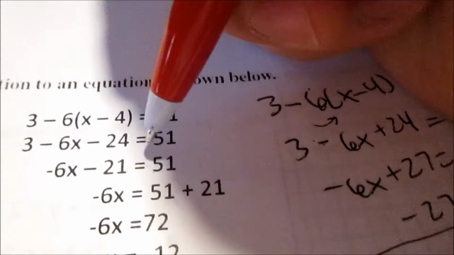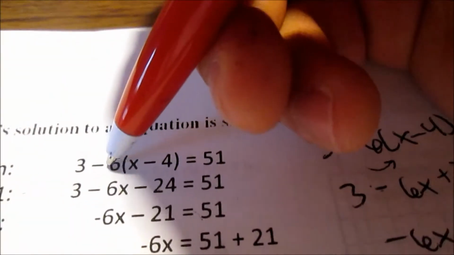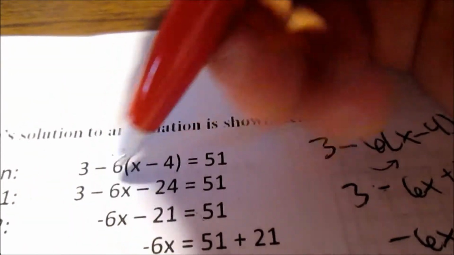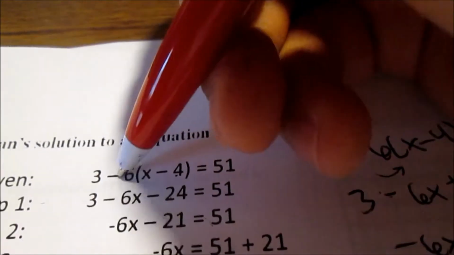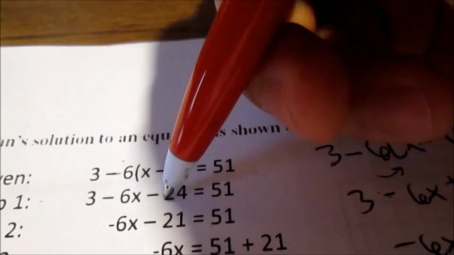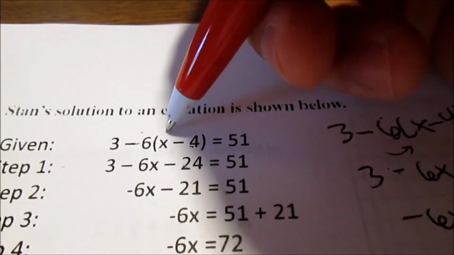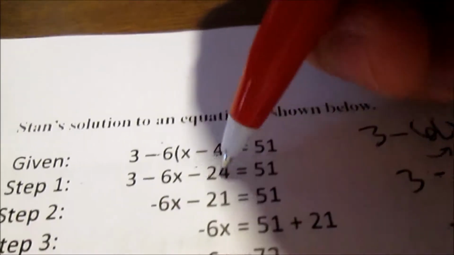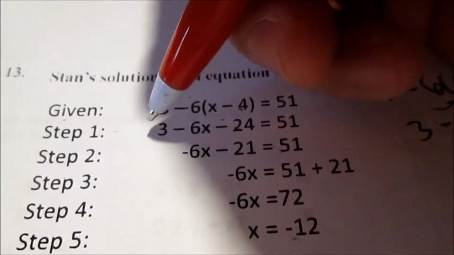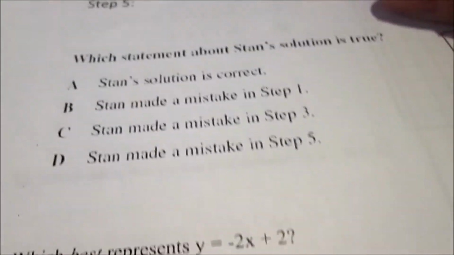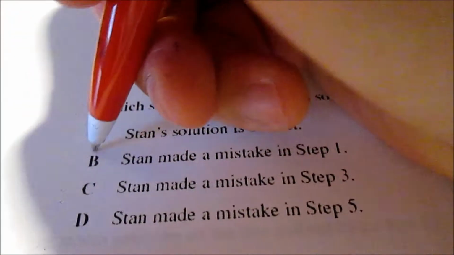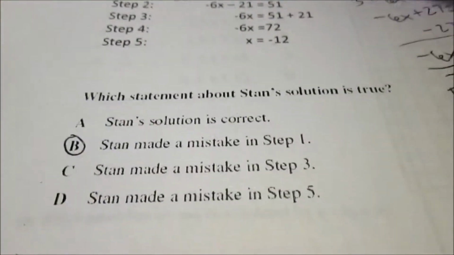So what they did was not distribute properly. They did not do -6 times -4. Negative times a negative should be a positive, so this is not correct. That means step 1 is the problem. Step 1 is not correct. That means Stan made a mistake in step 1, and from there on it's incorrect.